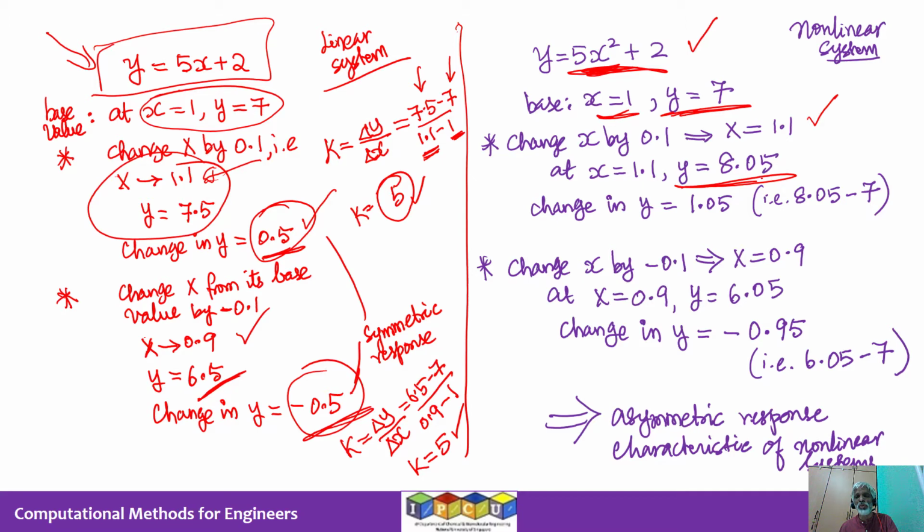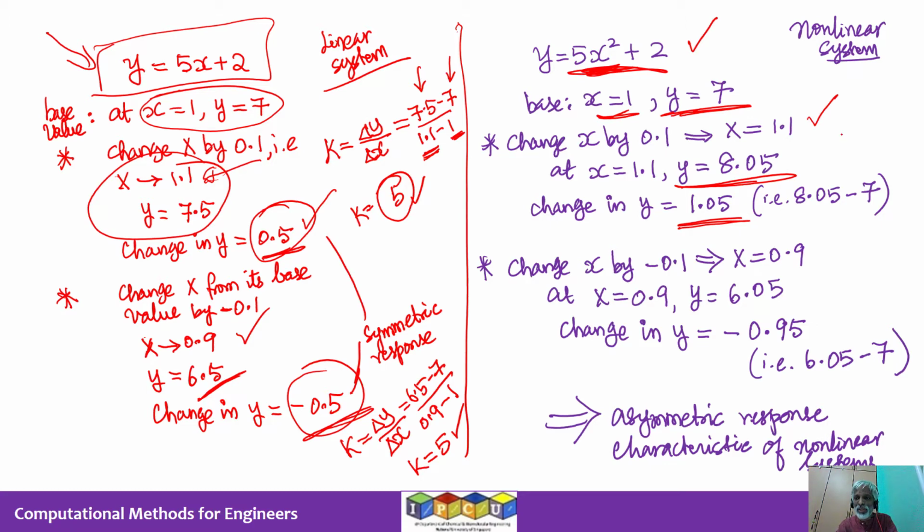Okay, so if you do that calculation, you will find that y is equal to 8.05 when x is equal to 1.1. All right, so in that case, the change in y is going to be 1.05, because 8.05 minus 7.